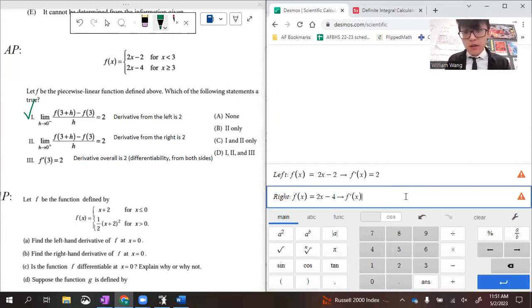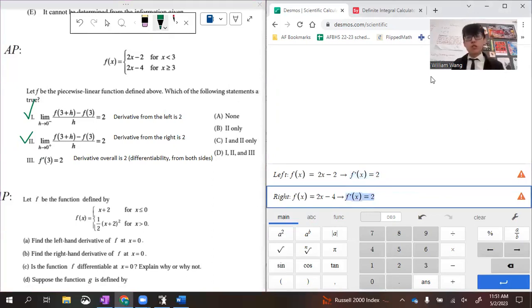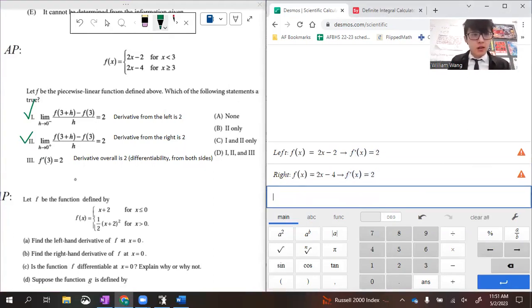That means my derivative is also equal to 2, so this is also correct. All right. If the derivative from the left and the right are equal to each other, then it's almost differentiable. I just need to test whether it's continuous, right? Is it continuous for it to be differentiable?